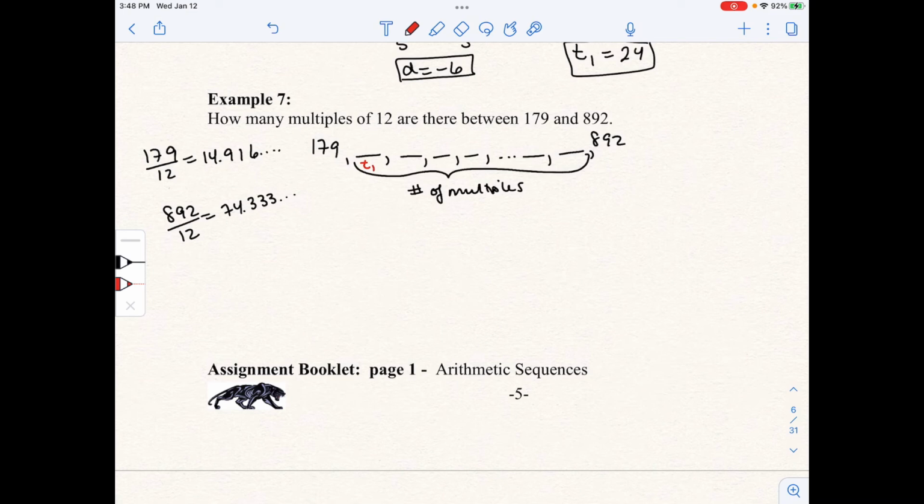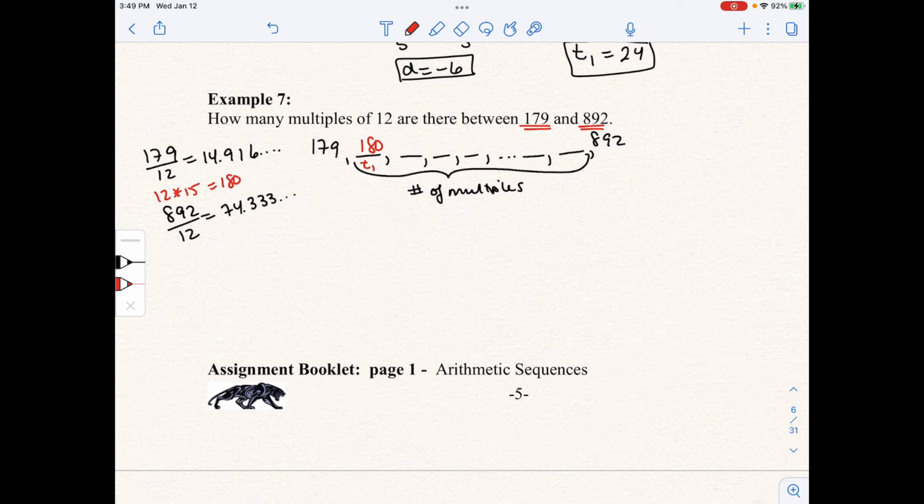Okay, the smallest multiple of 12 between 179 and 892 would be 12 times 15, right? So 12 times 15 is 180. So my smallest multiple of 12 would be 180.